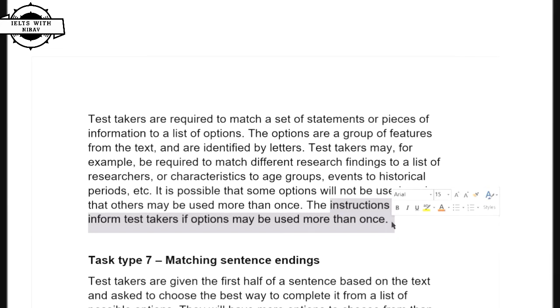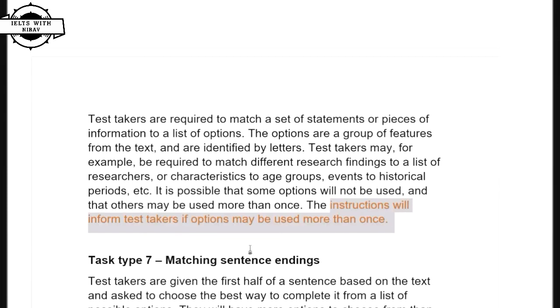So if you feel that an option is the answer for question 11 as well as question 12, then read the instruction. Did you find something like that? Then you can use one answer more than one time. If you didn't, then you cannot use one option for two answers. So you need to read the instruction for that.